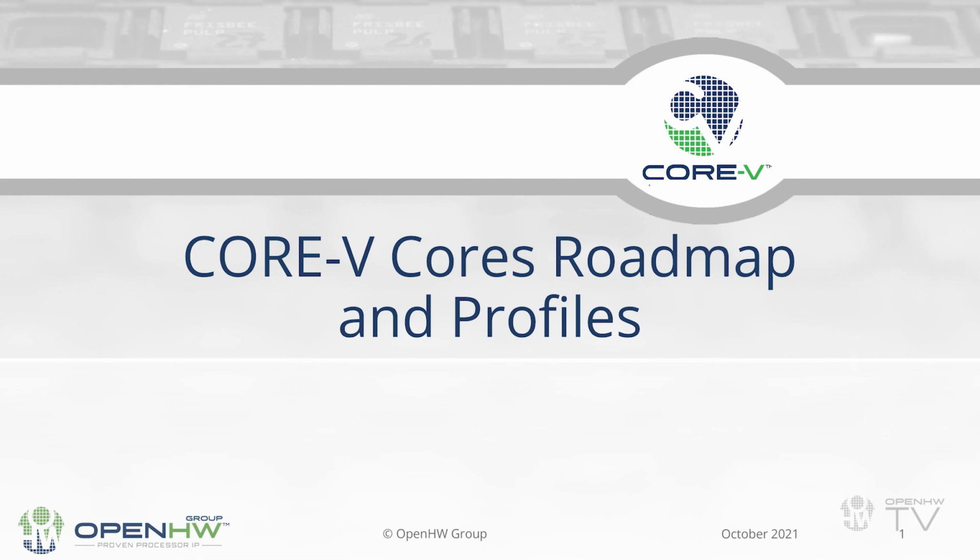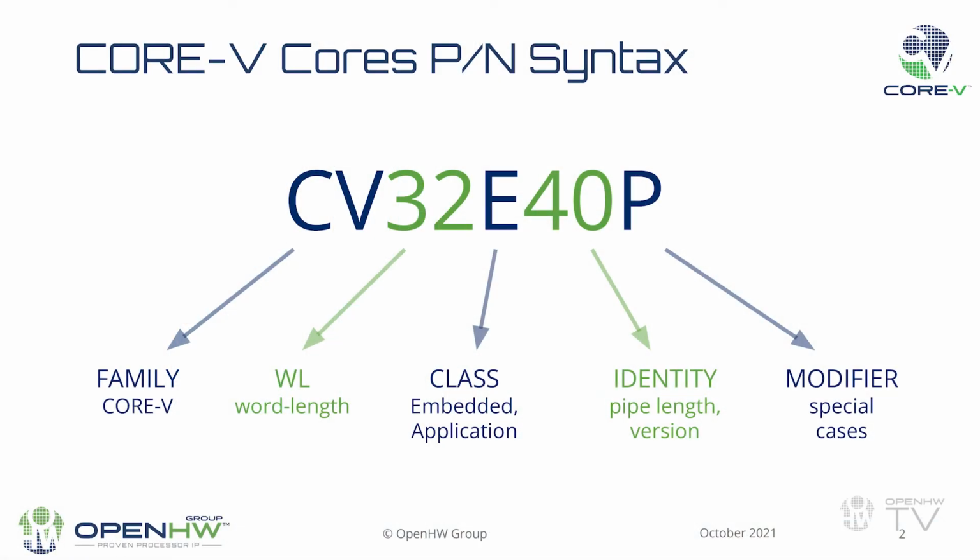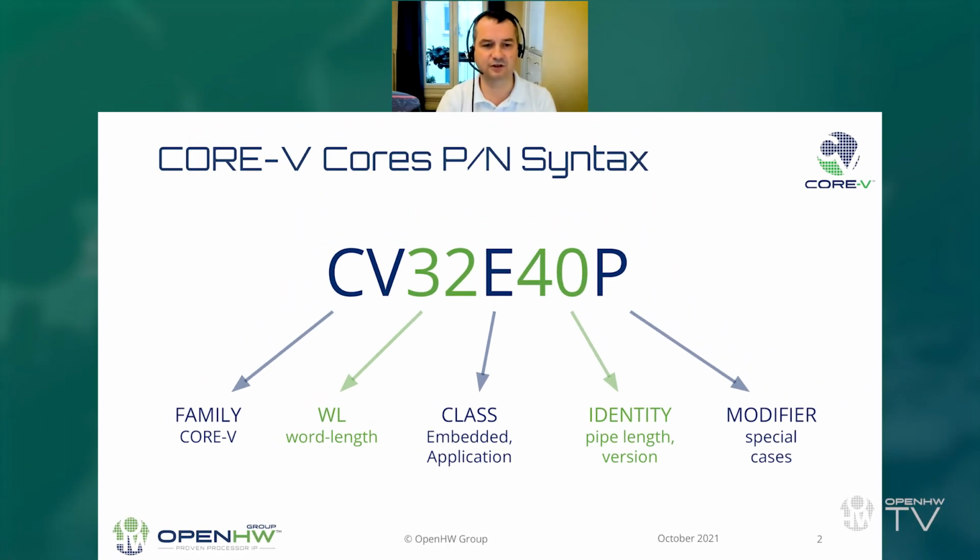Thank you, Davide. Now let's have a small glimpse at our core roadmap and how they can map to the RISC-V profile. I understand that the name of our cores is quite complex, so here is the reading guide. This is the example of our first core, the CV32E40P.